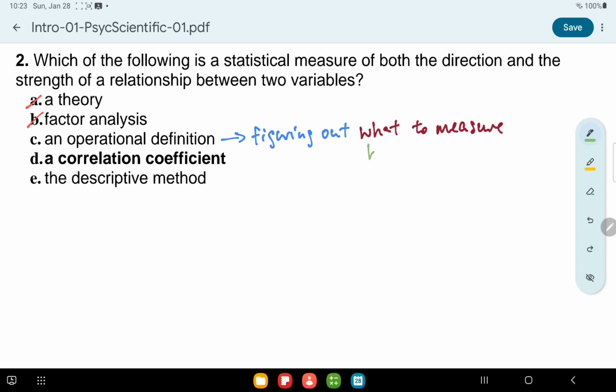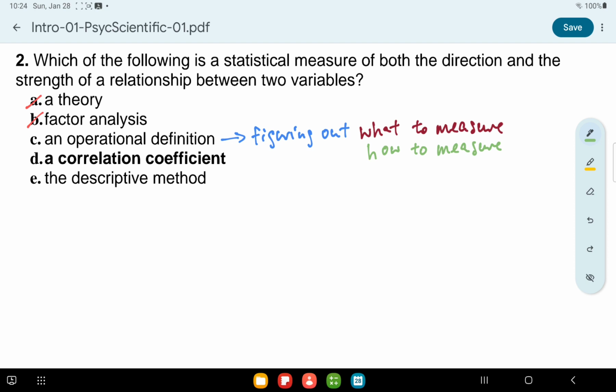Now, both of these are important considerations when conducting research. And if the research relates to looking at the strength of a relationship between two variables, it might be relevant to the question being asked.